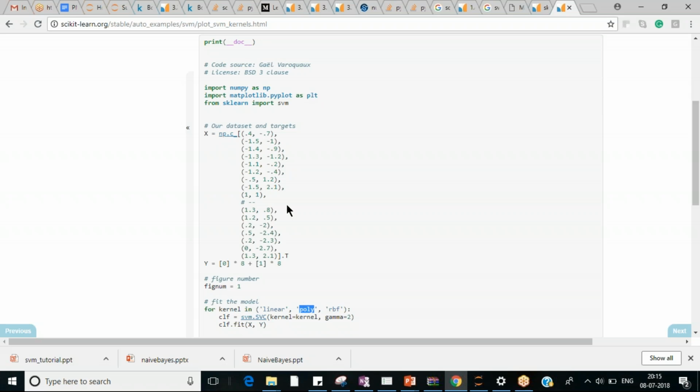All the equations that we saw depend on the kernels. With a linear kernel, the equation is b0 plus b1 x1 plus b2 x2. If you have a polynomial kernel, then you have b0 plus b1 x1 plus b1 x1 square plus b2 x2 square, something like that.